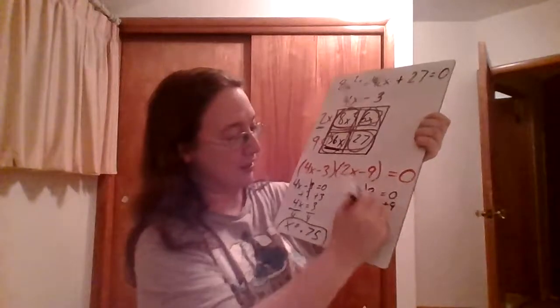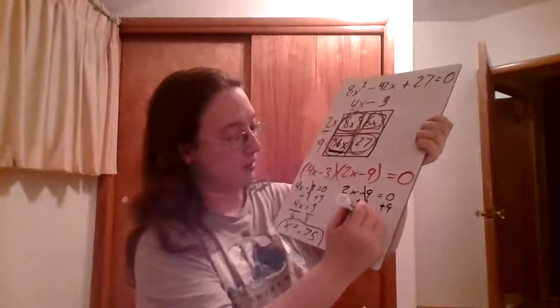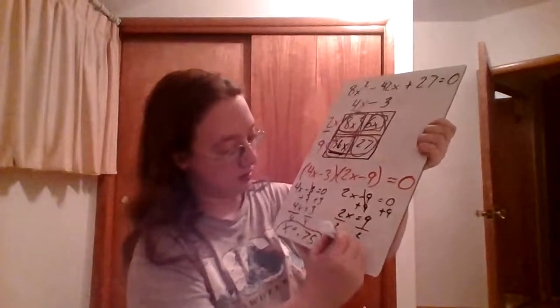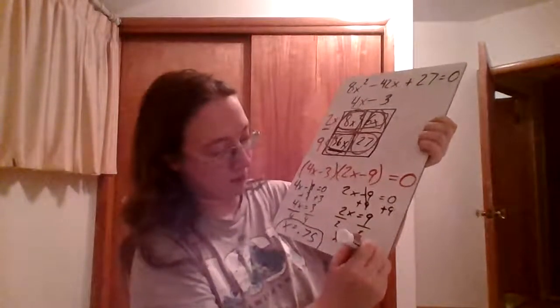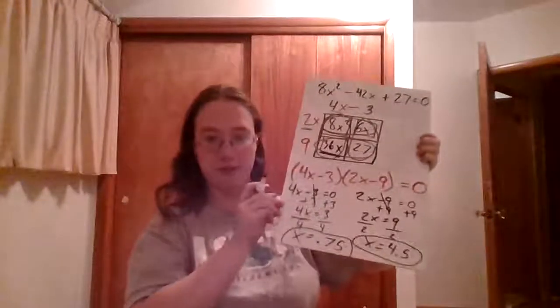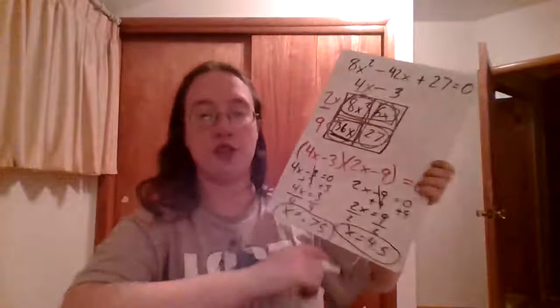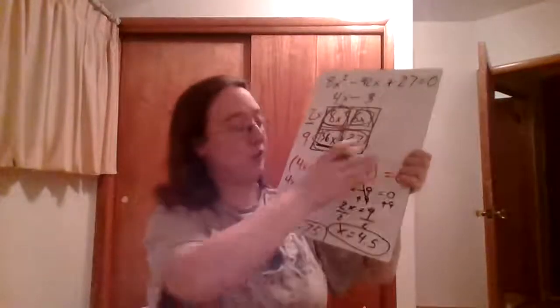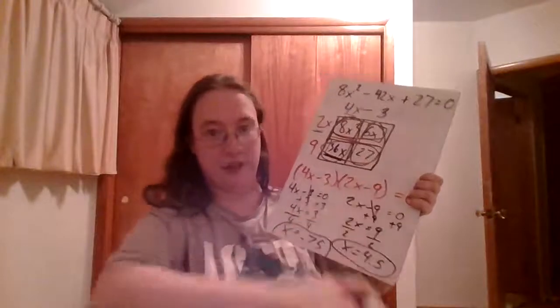Those go. And we're going to divide by 2. And we got 4.5. And there we go. So once we're here, it's the same sort of thing we were doing before. We're taking this, setting it equal to 0, taking that, setting it equal to 0, and we're good.